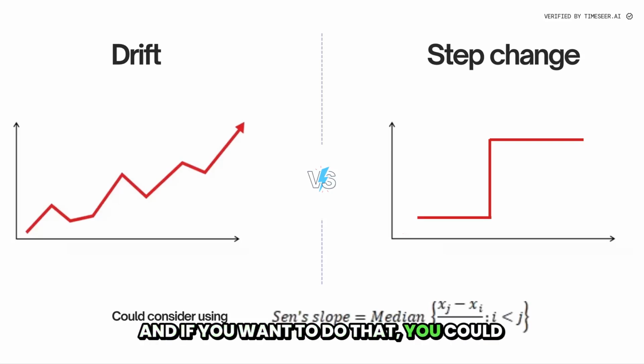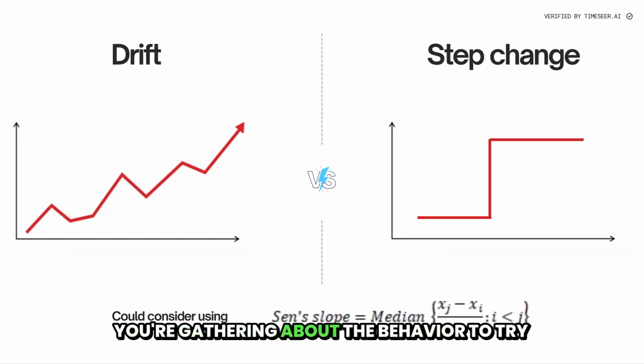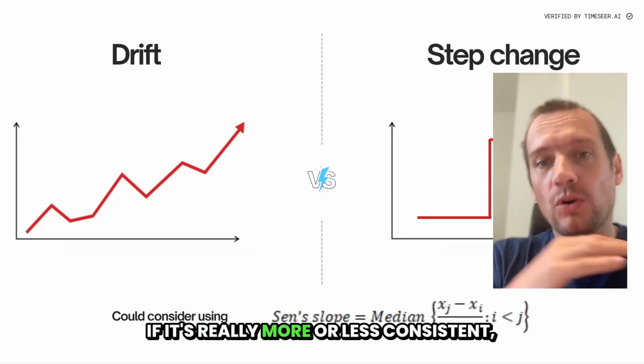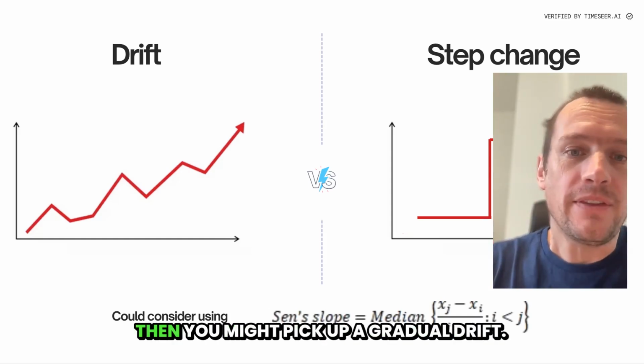And if you want to do that, you could consider adding things like a slope estimator or additional information that you're gathering about the behavior to try and see whether the slope is consistent or whether it is highly inconsistent over the period that you're assessing for drift. Because if it's highly inconsistent, it might be a step. If it's really more or less consistent, then you might pick up a gradual drift.